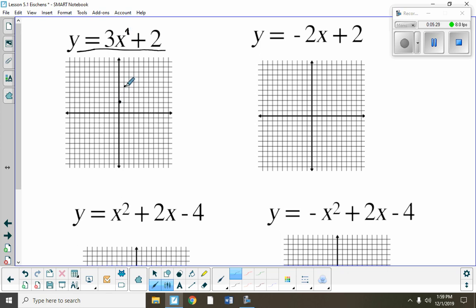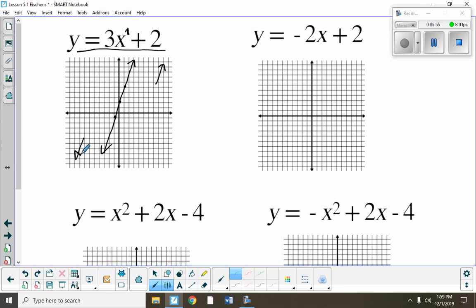We would go up 3 over 1 or down 3 back 1. Okay, so if we draw that line, we'll notice that as our x's are increasing, the y's are also increasing. So this end goes up. Here, as our x's are decreasing, the y values decrease. So this end is going down.